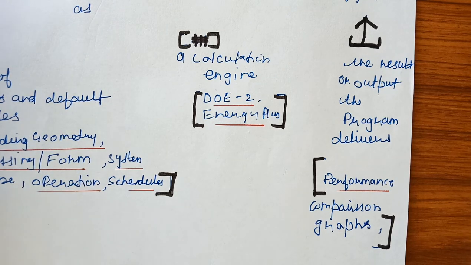In this process we create two models. First is from our site information and our design process. Second is the model which we propose with the minimum requirement or minimum criteria for energy efficiency measures.